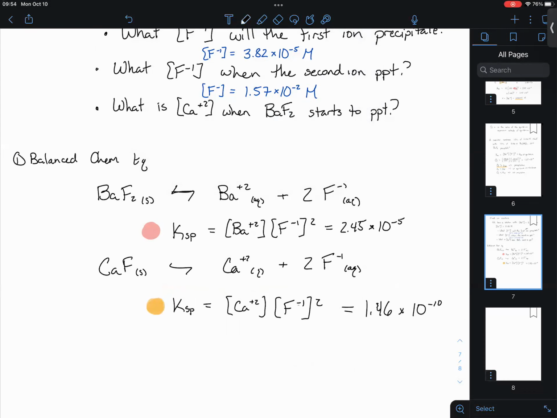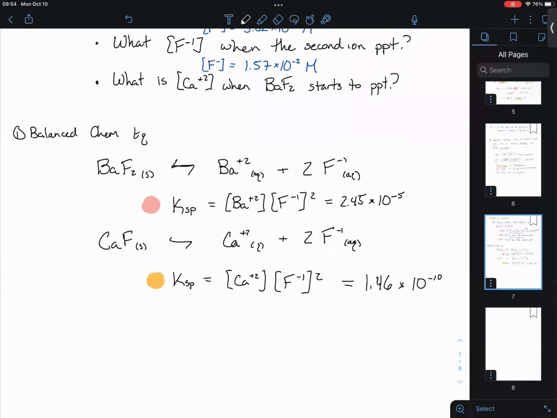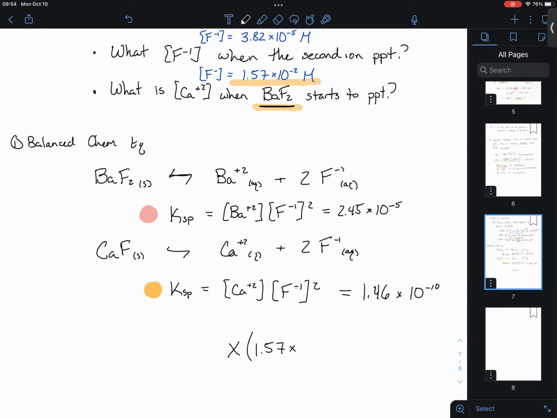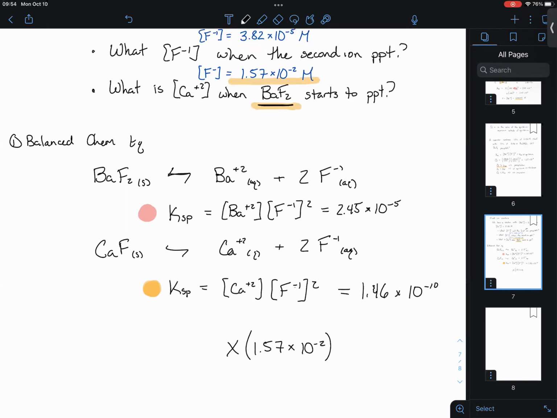But now what we don't know is our calcium concentration. And what we do know is the fluoride ion concentration when the barium fluoride starts to precipitate, because that's what we just solved for up here. So now we're going to be plugging into this expression the 1.57 times 10 to the negative 2. And then we're going to square it because it's squared in our equilibrium expression. This is equal to the Ksp for calcium fluoride, the 1.46 times 10 to the negative 10.